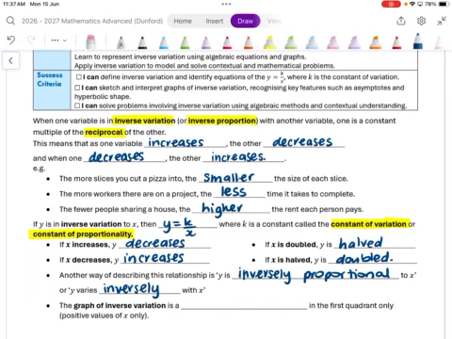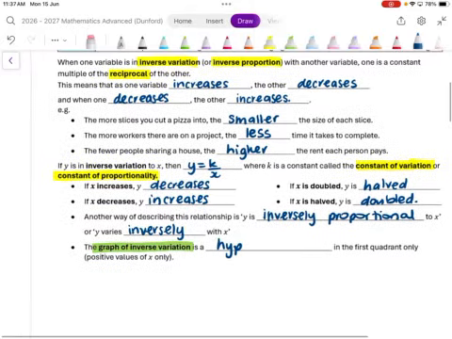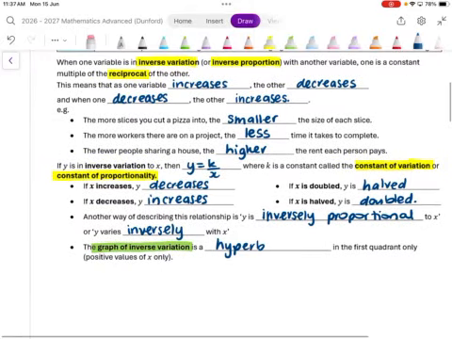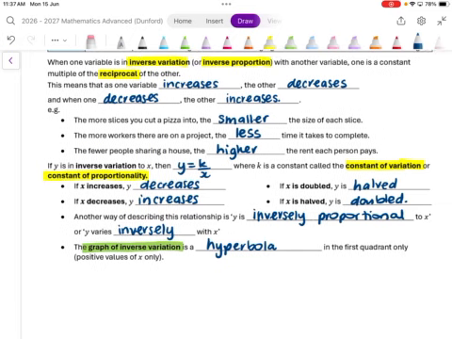Our graph of inverse variation is our graph of y equals k on x, which we looked at in the very first lesson of this topic, our hyperbola. It's just our hyperbola in the first quadrant only, so we only have positive values of x.